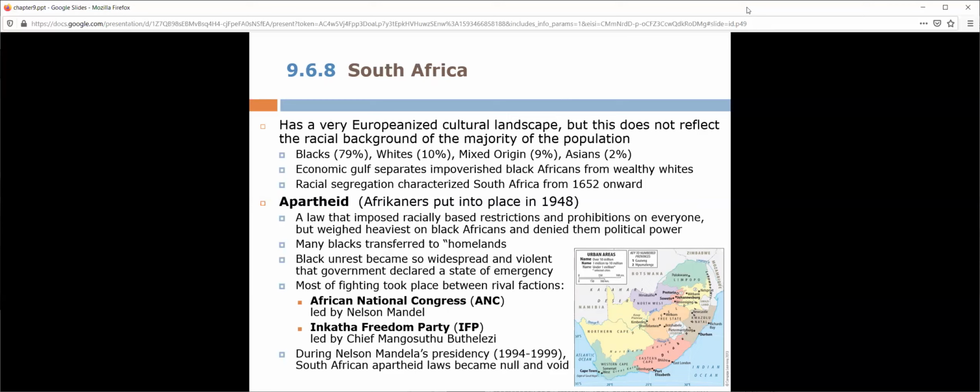Dutch natives, and they instituted, I'm sure you've heard of apartheid before, and Nelson Mandela. Apartheid was essentially a worse version of what we had in America as the Jim Crow laws.